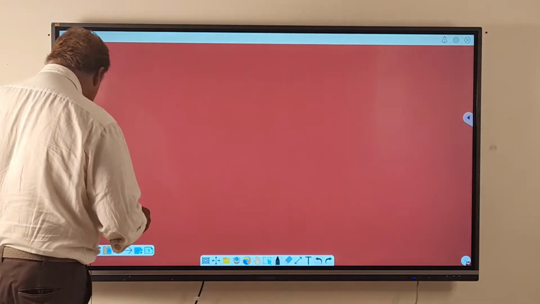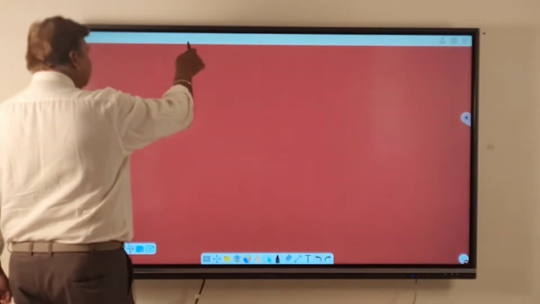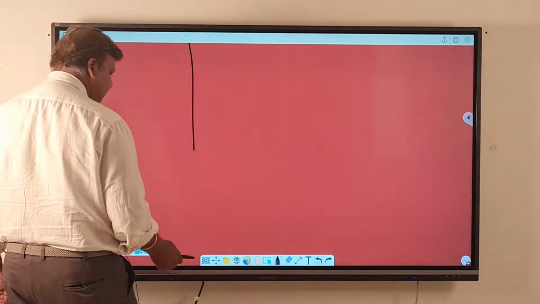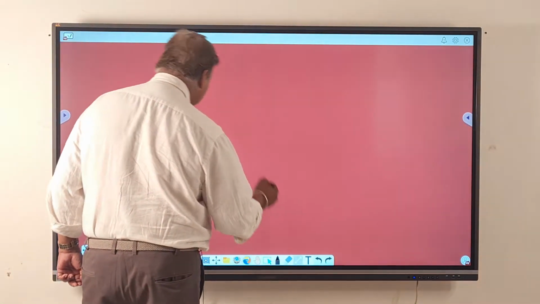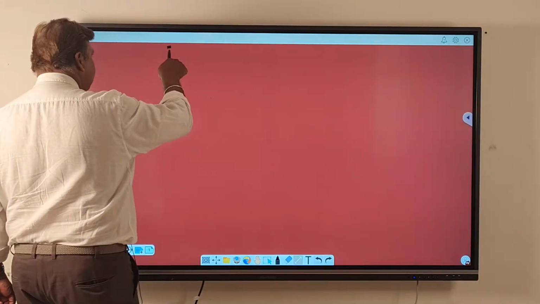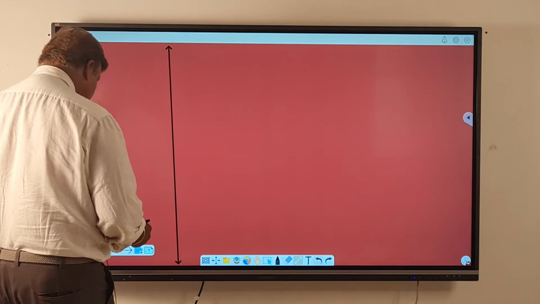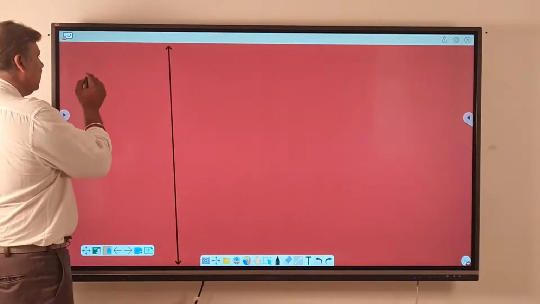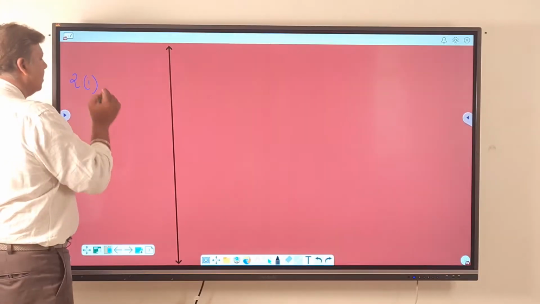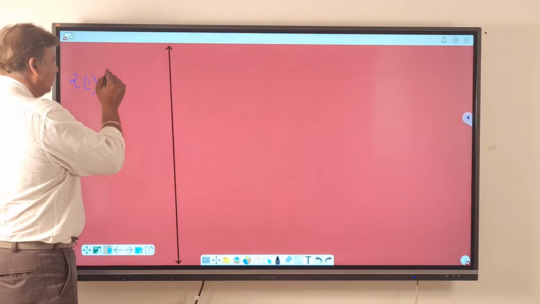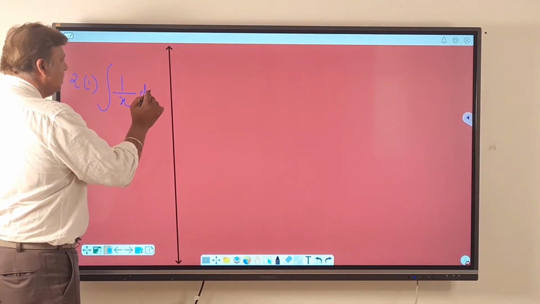Now in simple integration, the second formula which we will do: first part, integration of 1 by x.